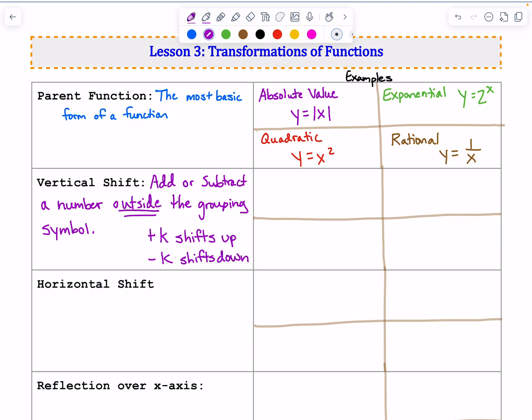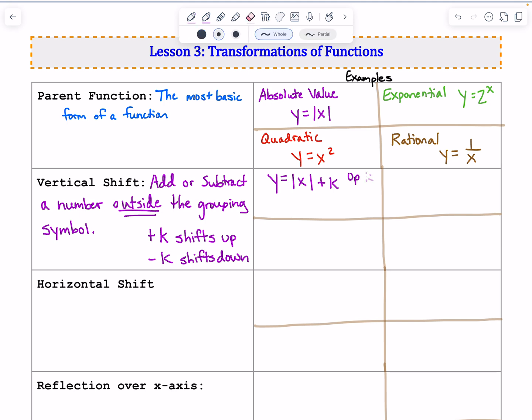Okay, so I'm not going to rewrite the word absolute value, exponential, quadratic, and rational, but just know in this top left box, this is still going to go with the absolute value function. But now we're going to add a vertical shift. So y equals the absolute value of x, let's just say plus k, then it goes up.